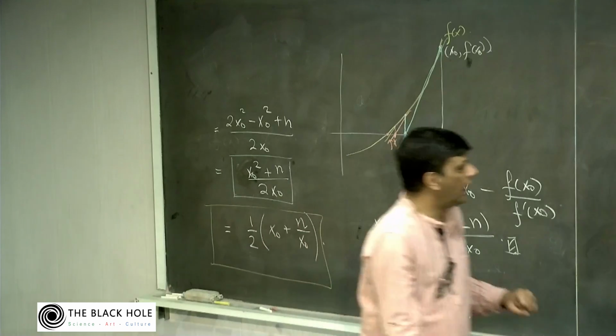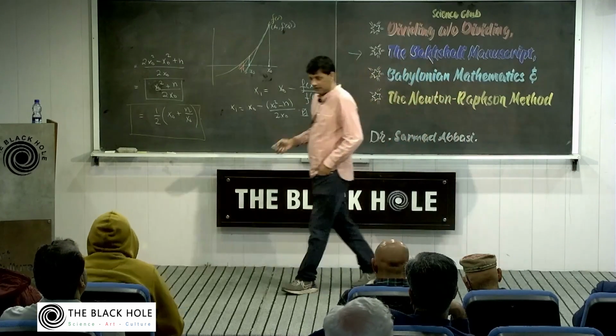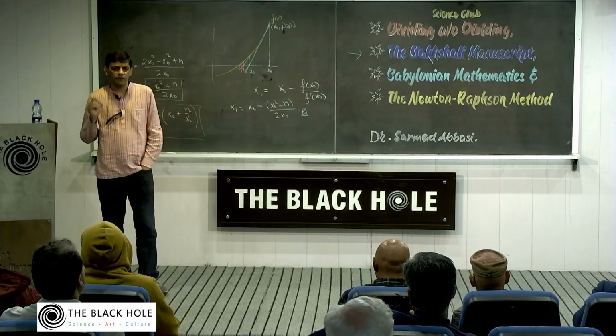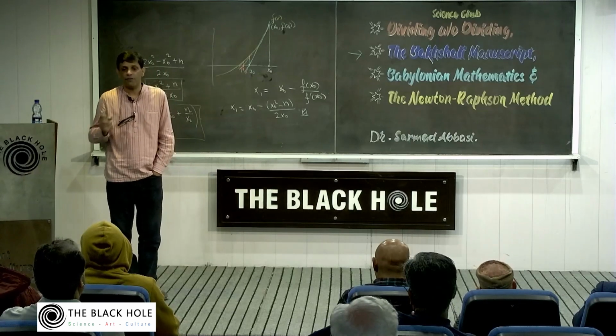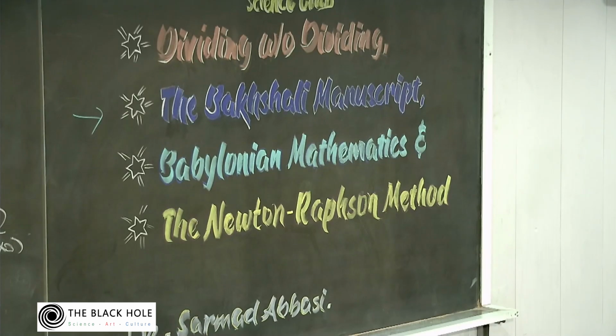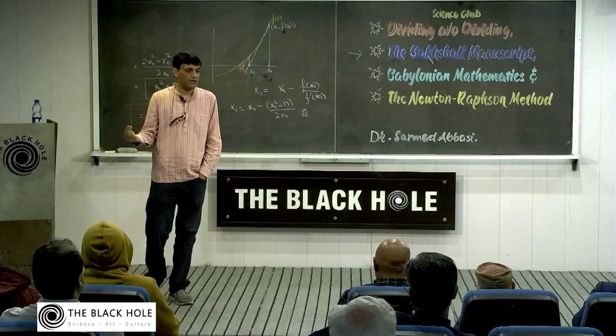Okay, so now we are going to come to the Bakhshali manuscript, right? And the Bakhshali manuscript is one of the most important manuscripts in the history of mathematics. Okay, and it was found near Peshawar in a village, or probably it's now a town called Bakhshali.